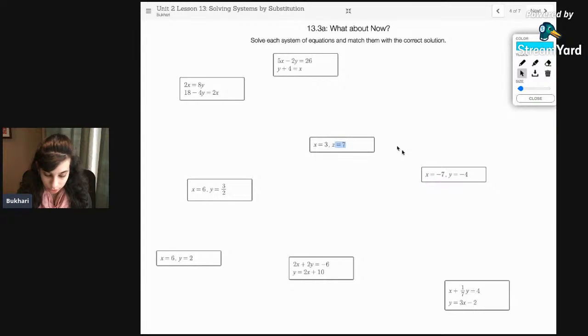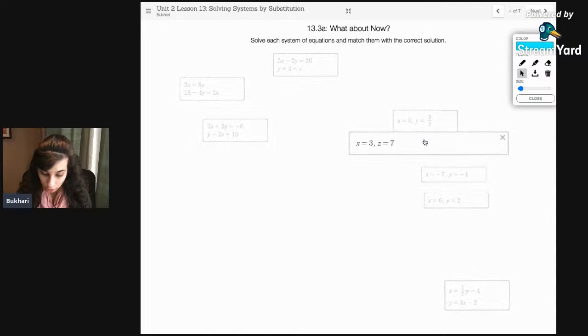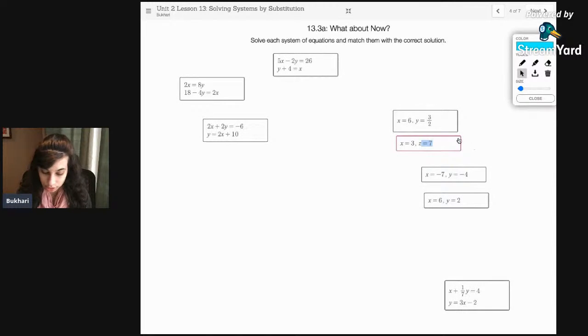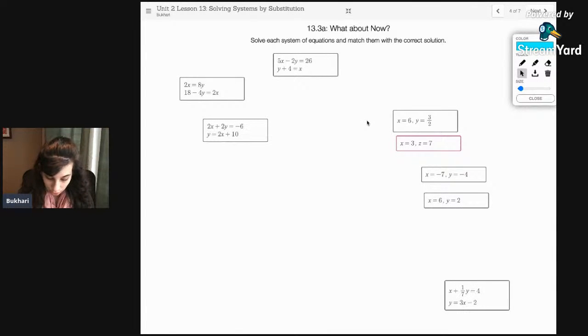You are given a bunch of solutions and a bunch of systems of equations. You can go about this two ways. You can solve the systems of equations and find the solution, or since you're given solutions, you can substitute the solutions back into the equation and see if those represent solutions to that equation. I can substitute x into our equation and y into our equation and see what happens.